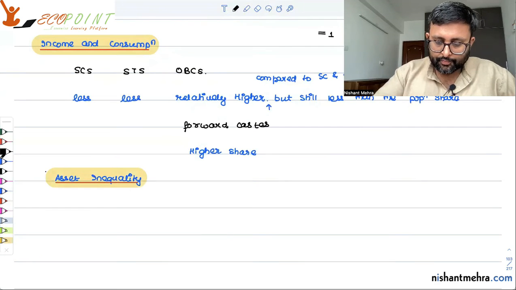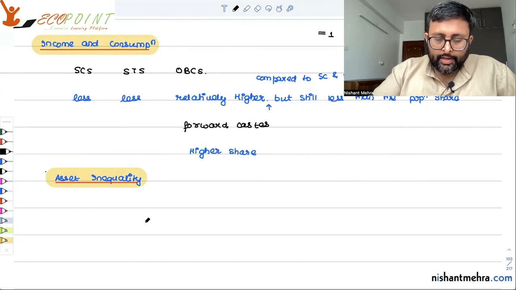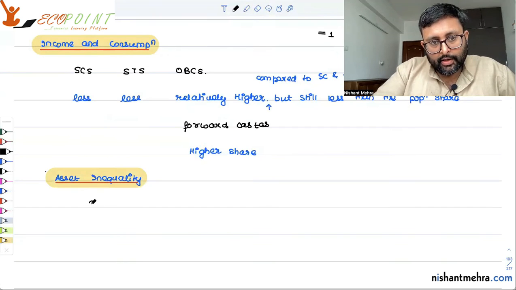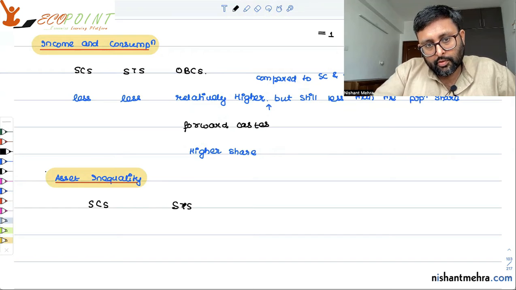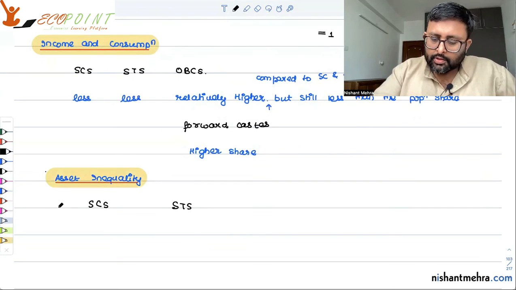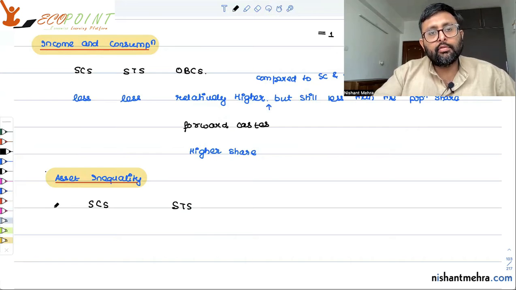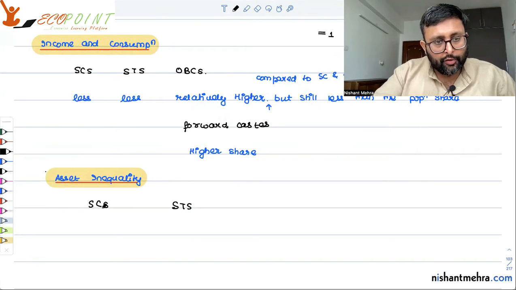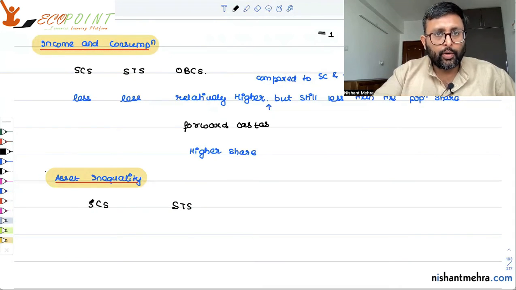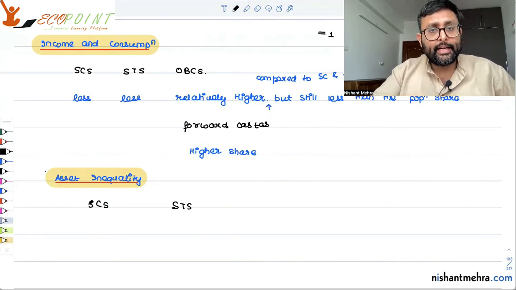Again, you have SCs and STs. They have a high level of asset inequality. Their share of SCs in the total assets upon the share of their population in the total population is less than 1. So that is making the asset inequality higher.